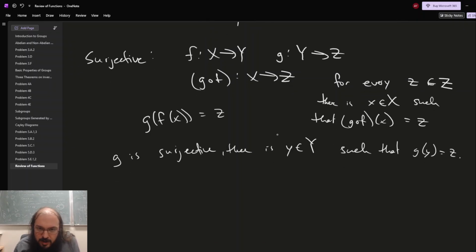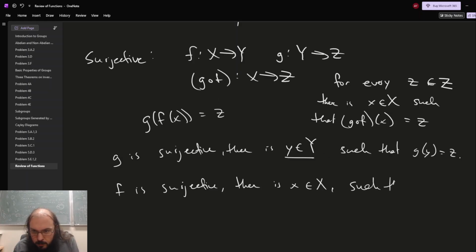The magic then is that f is also surjective, and so there is an x in big X such that f of x equals y.